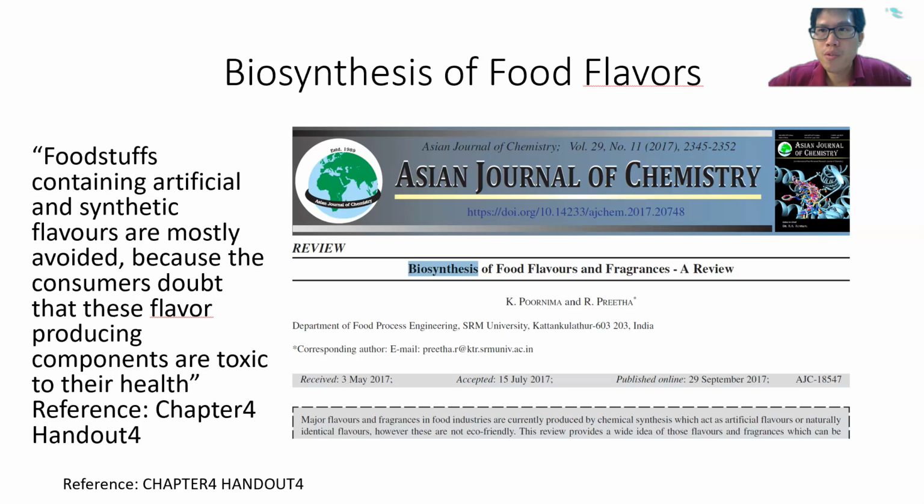So this comes to a very interesting topic. Nowadays, as you see, a lot of people say don't use artificial flavor, use natural. The consumer demands more and more natural flavoring. Foodstuff containing artificial and synthetic flavor is mostly avoided because consumers doubt that these flavor-producing components are toxic to their health.